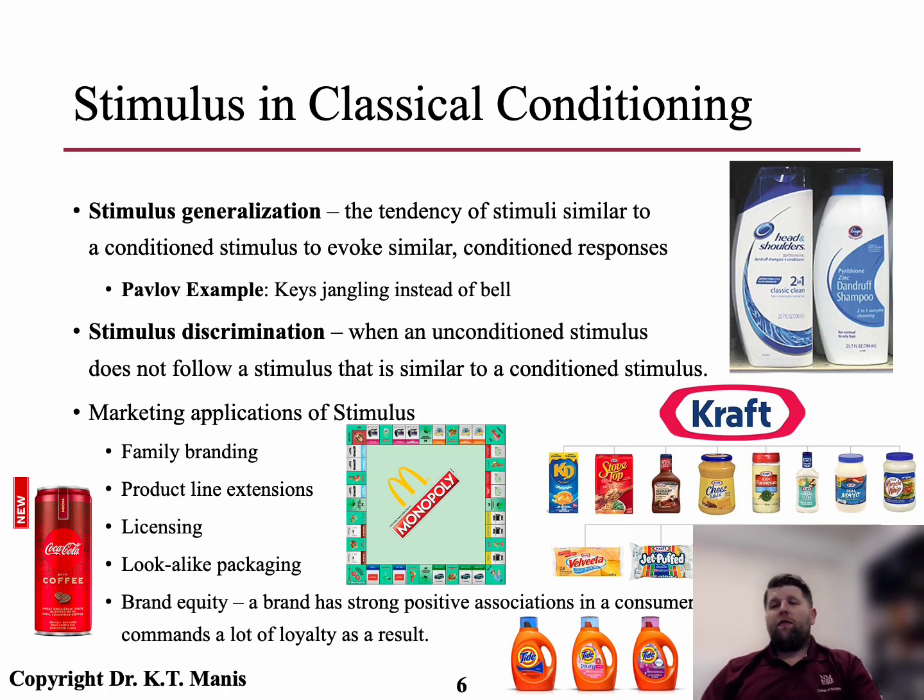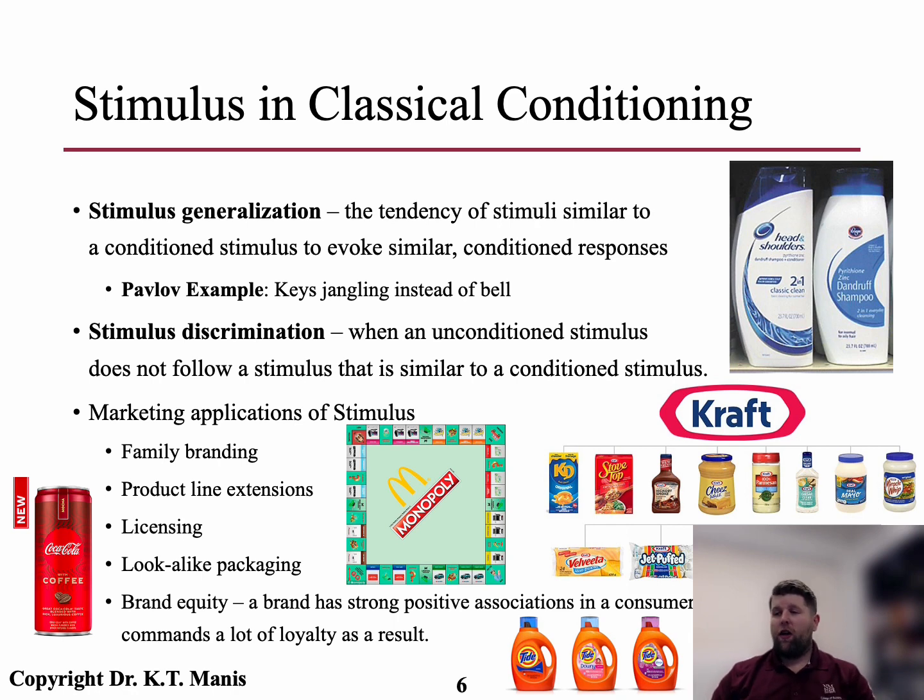And then finally, through brand equity, a brand is trying to build positive associations in consumers' memory. All these different stimuli that a brand puts out there are meant to bring positive associations to the consumer's mind, so that eventually a consumer will purchase a variety of products.